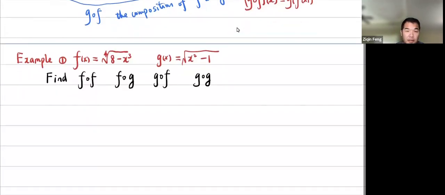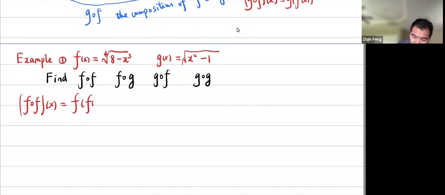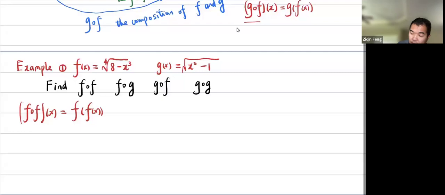So to define this function f composed with f, all you need to do is take a value coming from the domain of f and try to evaluate that. By our definition, this is f of f of x. That's basically our definition here of how we take a composition of two functions. So what is f of x? This is given.